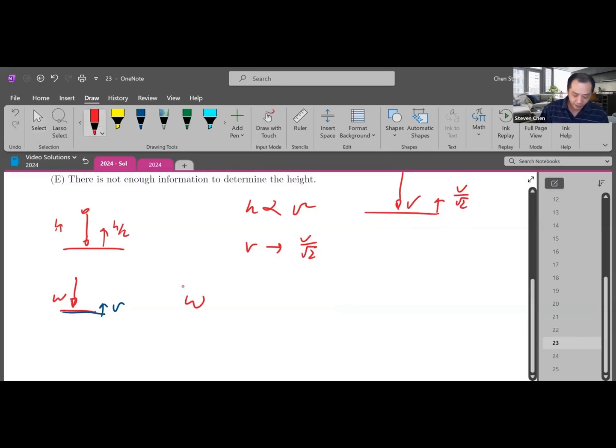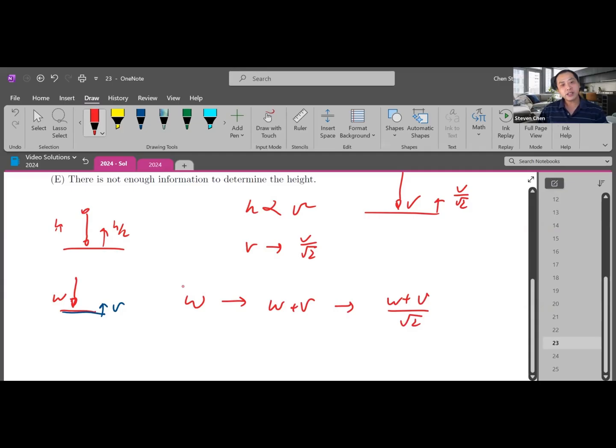Originally in the ground frame, we have the downward velocity w, and we look at this velocity from the paddle's frame. If the paddle is static, it means that the ping pong ball's velocity becomes w plus v. And in the same frame, after the collision, it becomes w plus v divided by square root of 2.